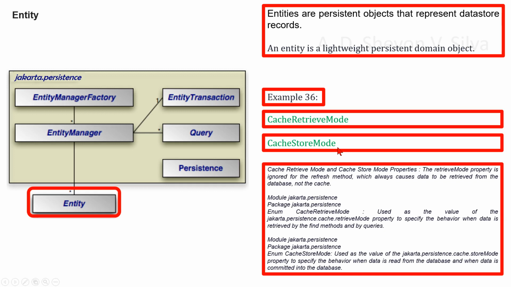If caching is disabled by NONE as the value of the shared-cache-mode element, the cache retrieve mode and cache store mode properties must be ignored. Otherwise, if the ENABLE_SELECTIVE value is specified and Cacheable(true) is not specified for the particular entity, they are ignored for that entity. If the DISABLE_SELECTIVE value is specified, they are ignored for entities for which Cacheable(false) is specified.